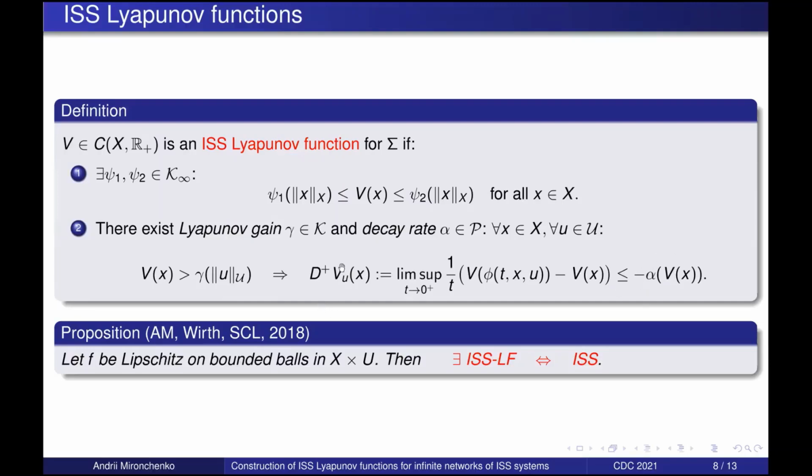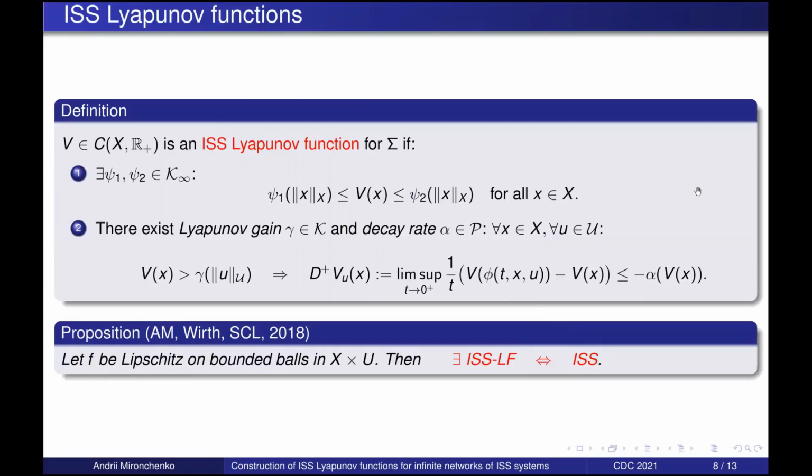So this means that the Lyapunov function decays along the trajectory if the state is large enough with respect to input. It is not hard to show that existence of such a function implies ISS, and if f, the right-hand side, is regular enough, then also the converse holds.